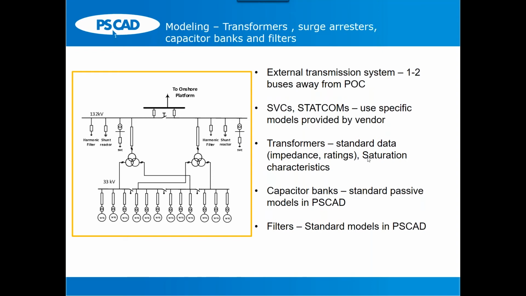Personally, my experience is transformer saturation again has very little to do with most of the scenarios that you would study, but given that it is a temporary overvoltage, right, and temporary overvoltages that last for a few cycles can impact saturation, I suggest that you include saturation in the characteristics in your model. Capacitor banks and filters should also be modeled, represented again in a very simple manner using standard elements.